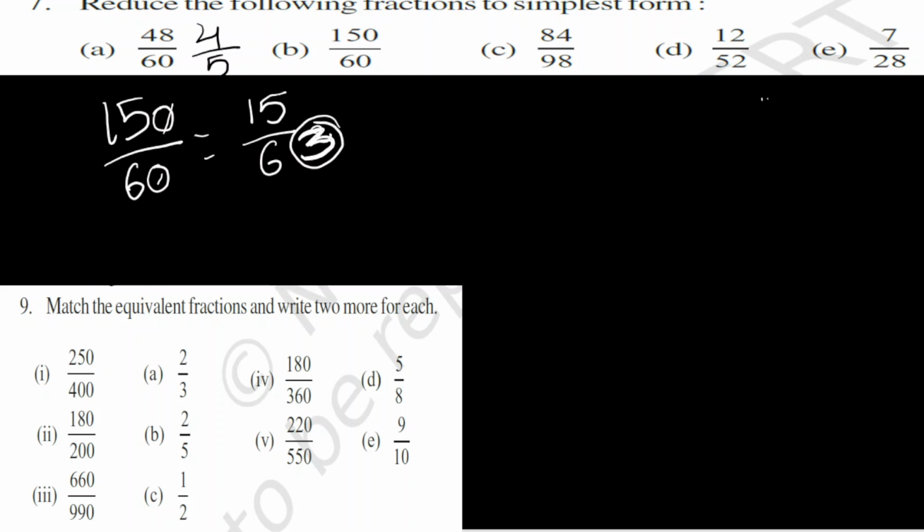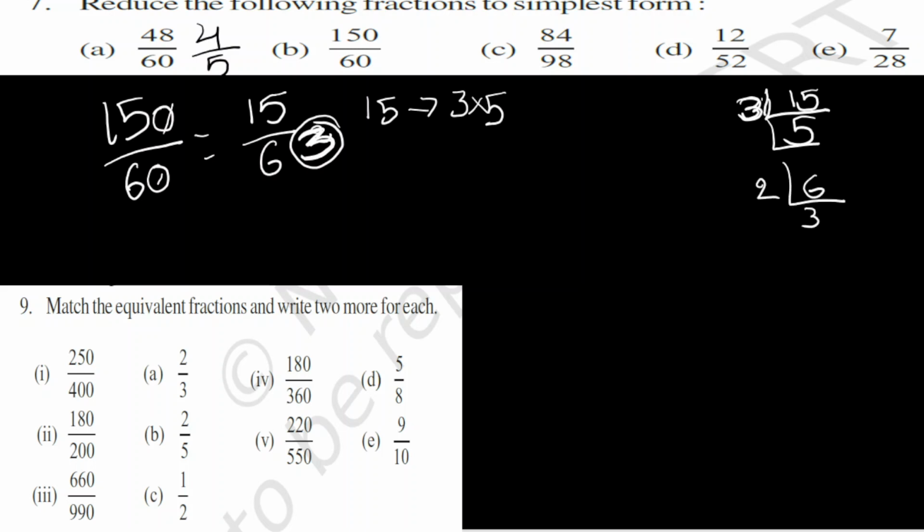But let's also find the HCF using the factorization method. 2 will not go into 15, so we start with 3. 3 5s are 15. So 15 can be expressed as 3 into 5, and 6 can be expressed as 2 into 3. The only common number is 3. So the HCF is 3. Let's divide by the HCF.